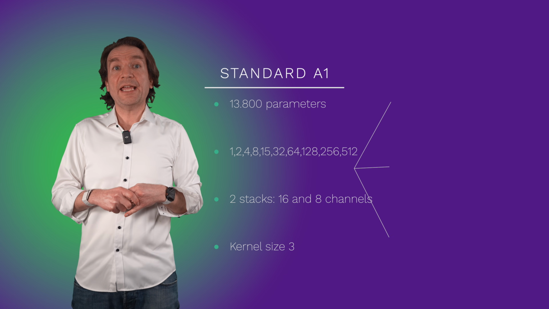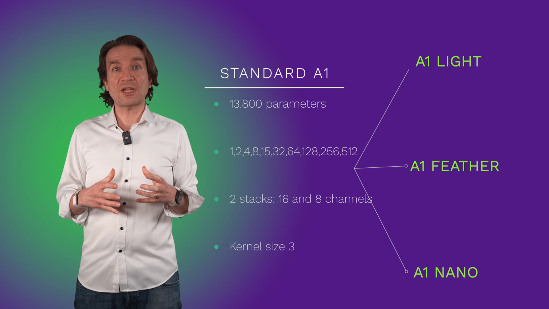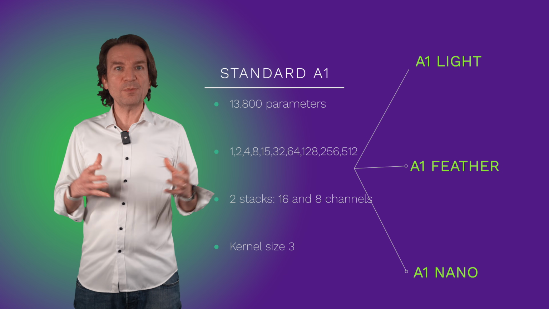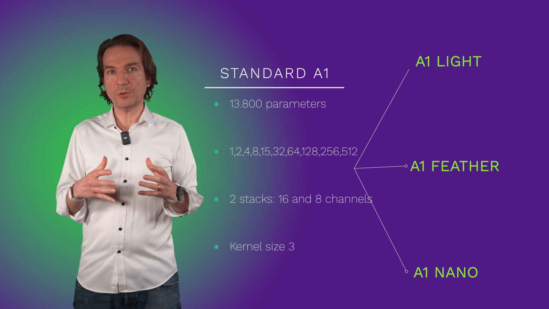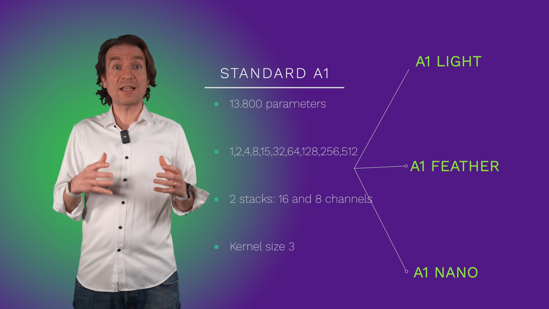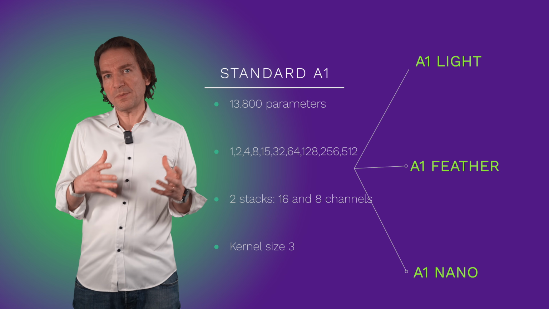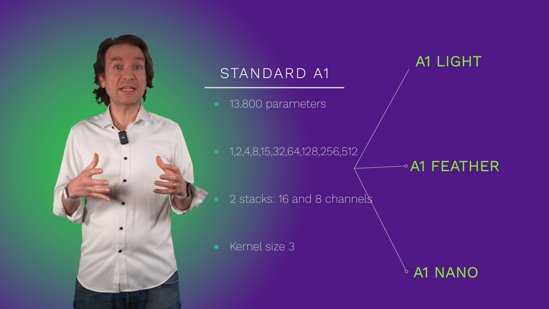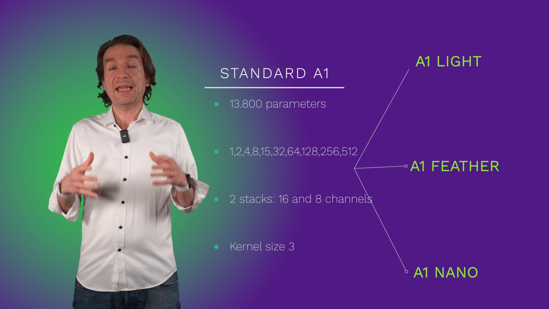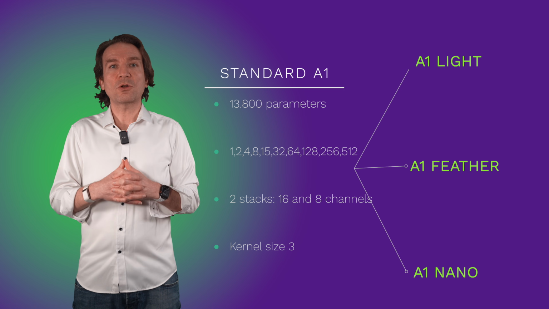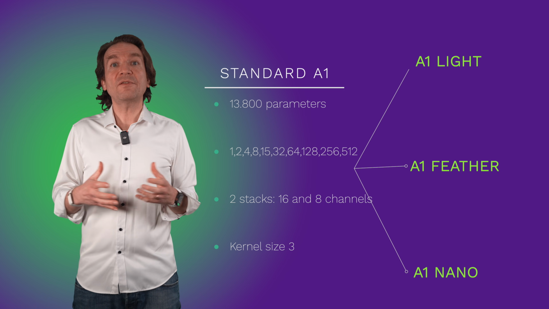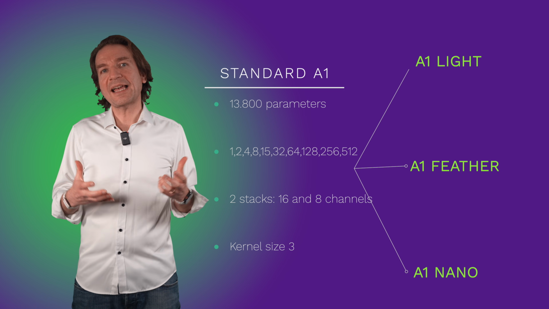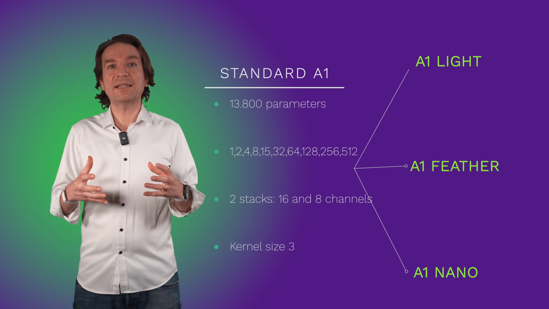Then we have the A1 Lite with reduced channel count, good for simpler amp models, lower CPU usage. Then we have the A1 Feather, which is a minimal architecture, perfect for clean or simple pedals. And then we have the A1 Nano that needs about half the CPU of Feather and is designed for extremely constrained embedded hardware.